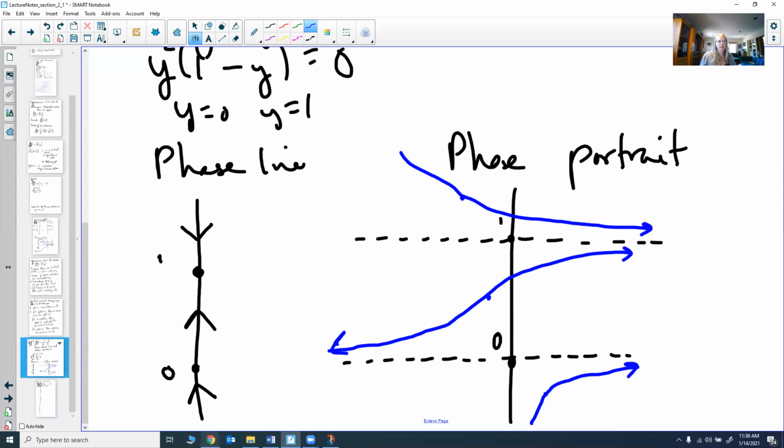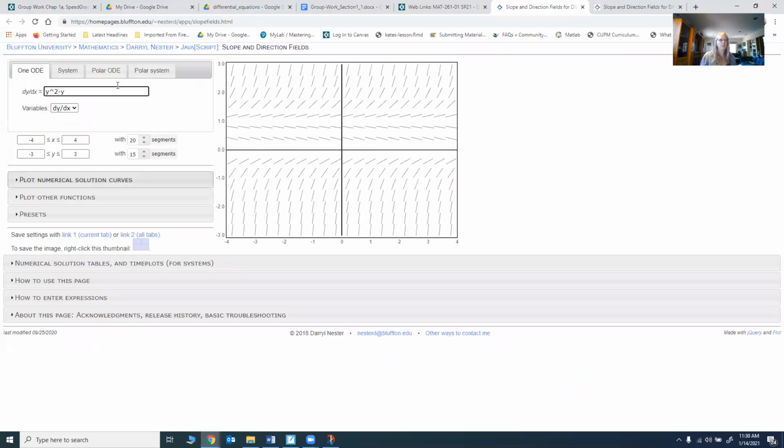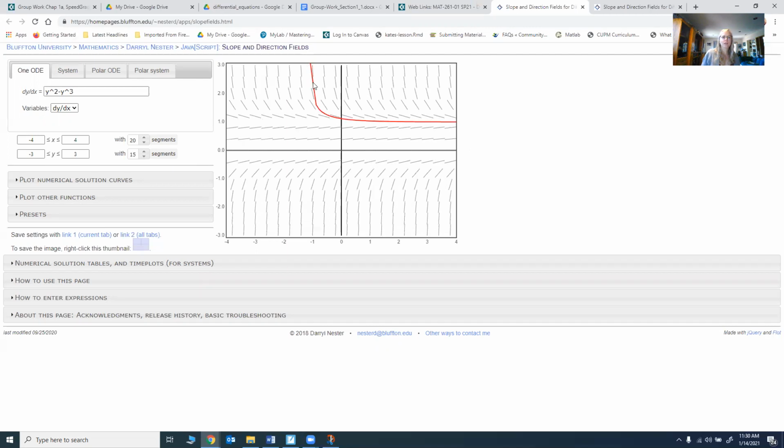Let's go ahead and just look at the slope field of this. So I'm going to go ahead and do y squared minus y cubed. Take a look at this graph. You can see nicely with your direction field or slope field that you have these horizontal equilibrium solutions. Here's my equilibrium solution at 0. Here's the one at 1. If I'm up here, I get a line that's going to come down and come along there.